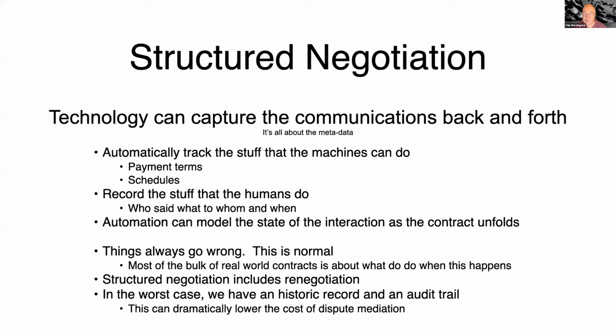to use this mechanism. And we can dramatically lower the cost of that mediation by the fact that a lot of the relevant evidence is captured automatically in a structured form that's just right there for the mediator or the arbitrator to examine.